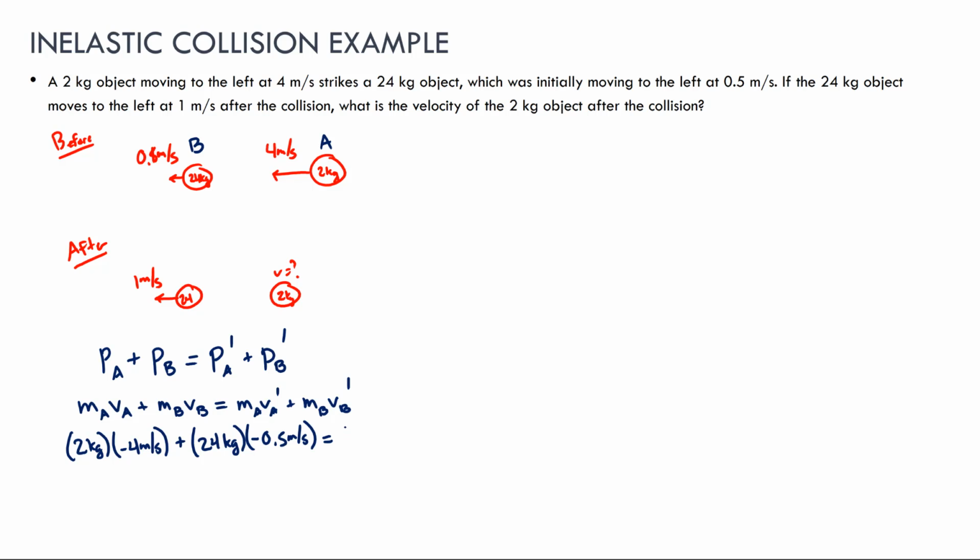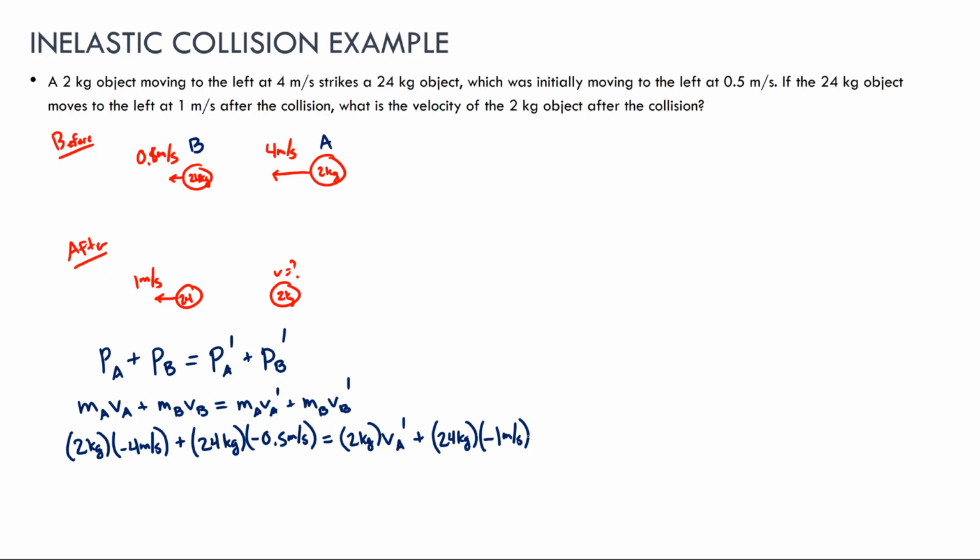Then afterwards, object A still has a mass of 2 kilograms. I don't know what the velocity of A is. Object B has a mass of 24 kilograms still and has a velocity of -1 meter per second because it's moving to the left at 1 meter per second.